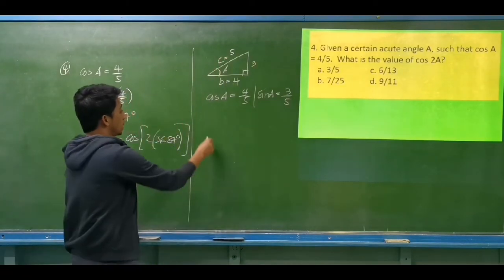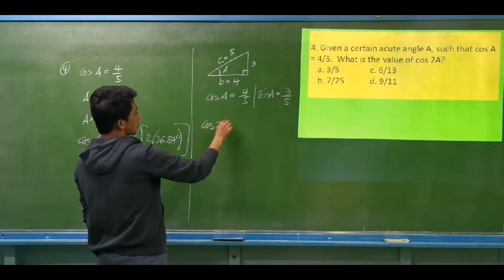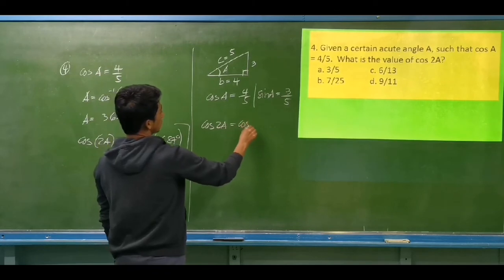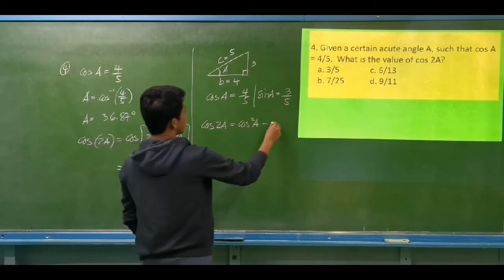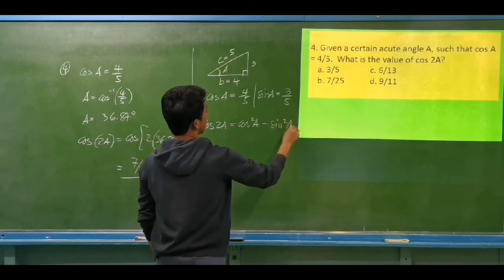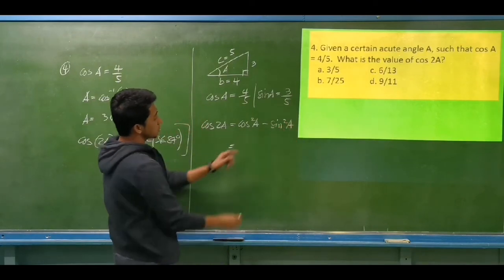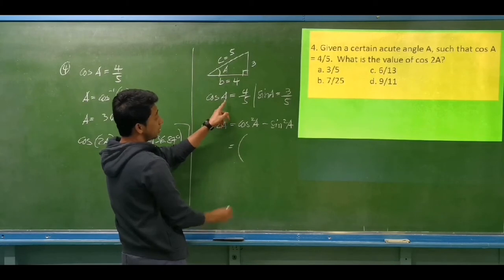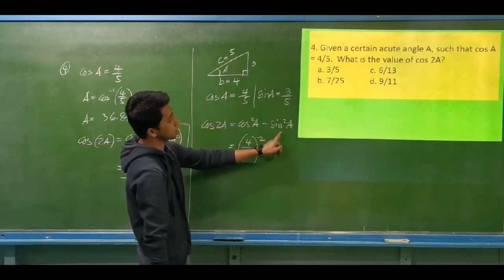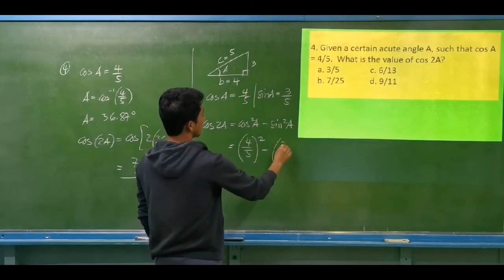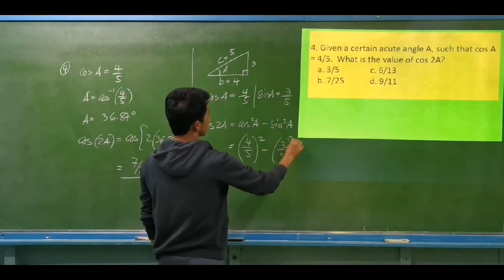Okay? So, i-apply natin yung double angle identity. Cosine of 2A is equal to the cosine squared of A minus the sine squared of A. Ano equivalent ng cosine squared A or ng cosine A? Yung 4 over 5 squared. Ano equivalent ng sine squared A? Yung 3 over 5 squared.